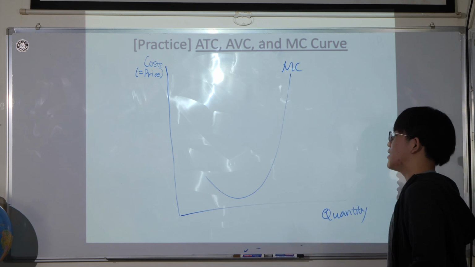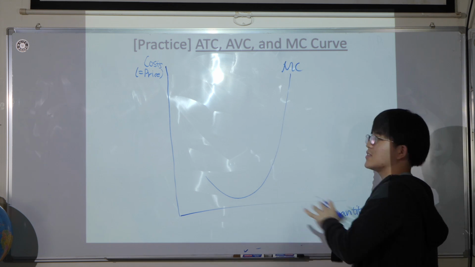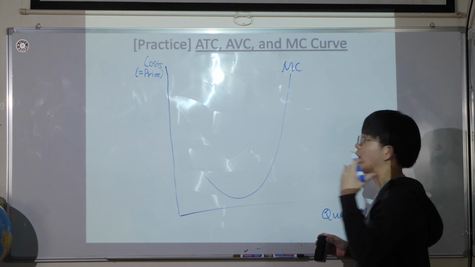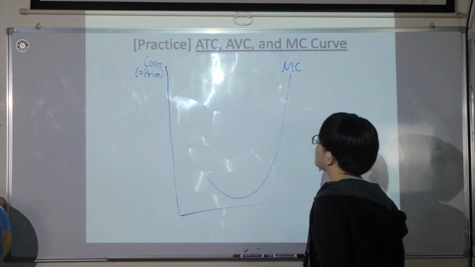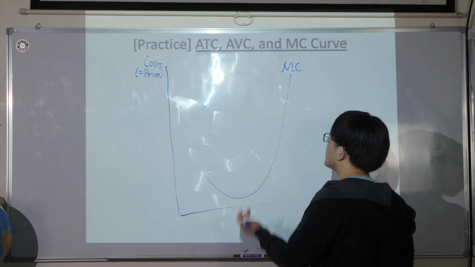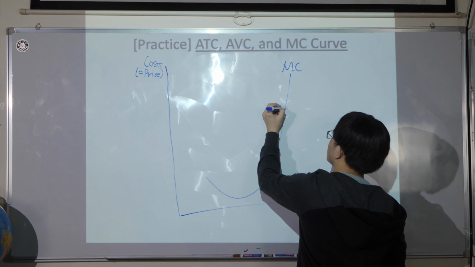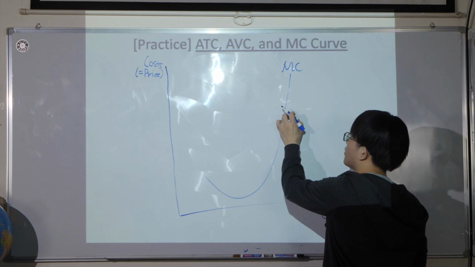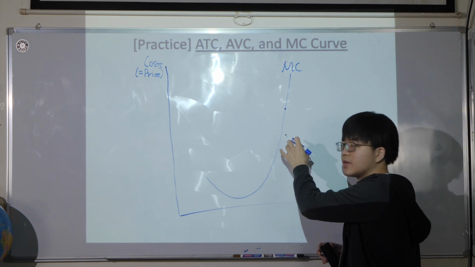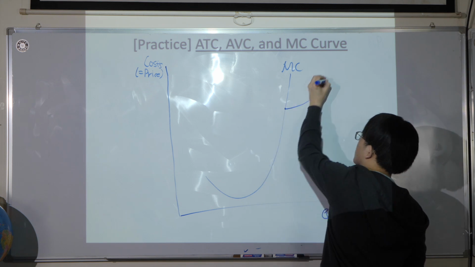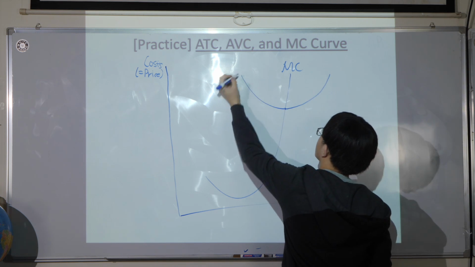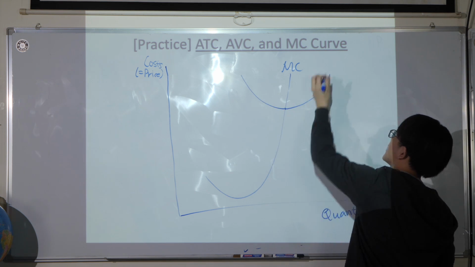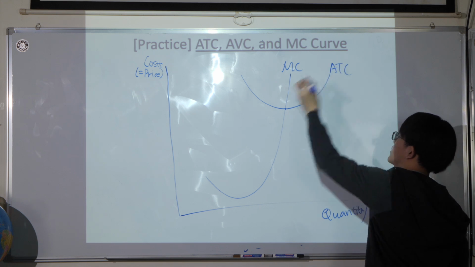And now we will draw a fancy ATC and AVC curve. I usually recommend drawing the ATC curve first after drawing the MC curve. First, you mark a point on the MC curve, and then draw to the left and to the right, so it looks similar on the left and the right, and this will be the ATC curve.